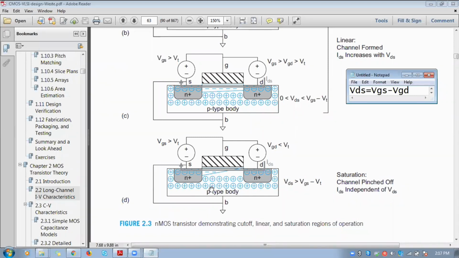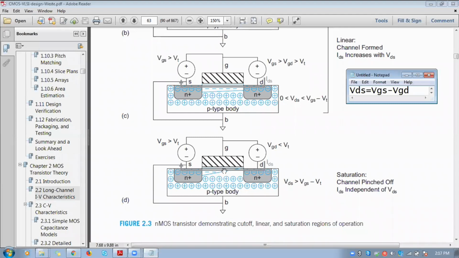It is not happening due to the drain to source potential, which we can see theoretically by deriving also. As VGD, the drain to gate potential, decreases, we don't have enough voltage to attract the electrons from the p-type body near the silicon dioxide layer.